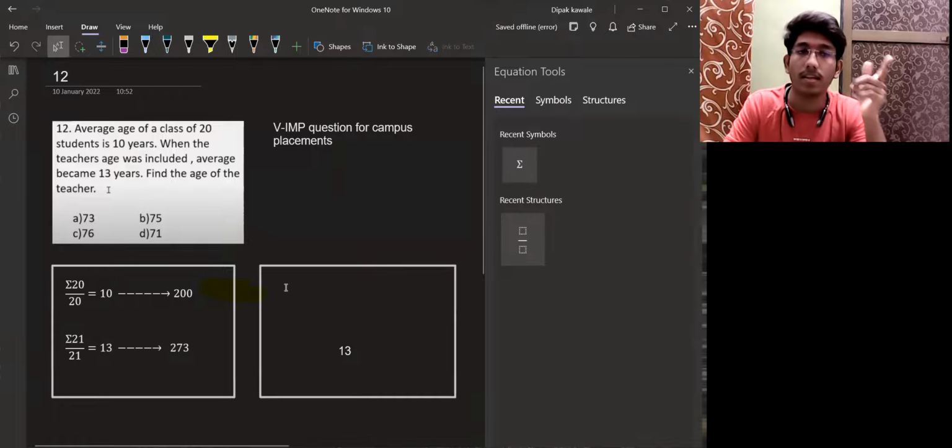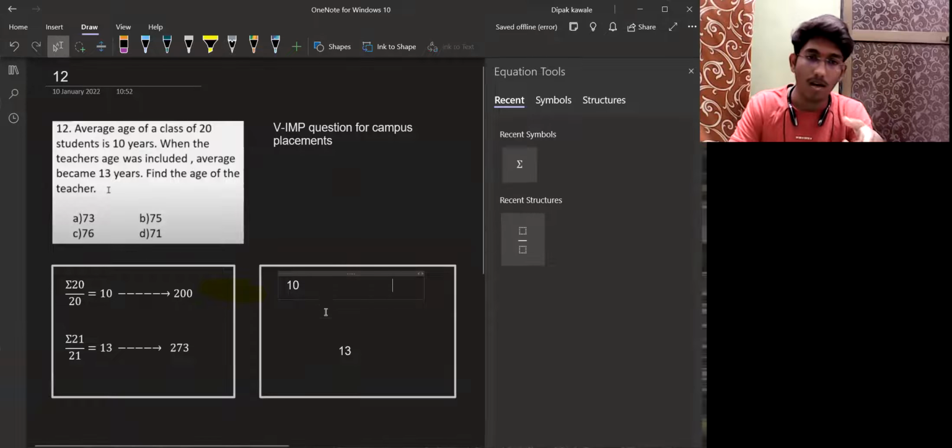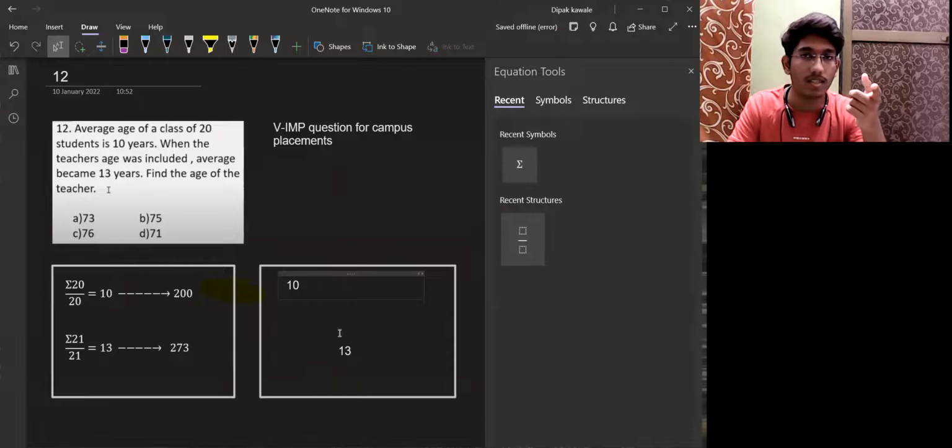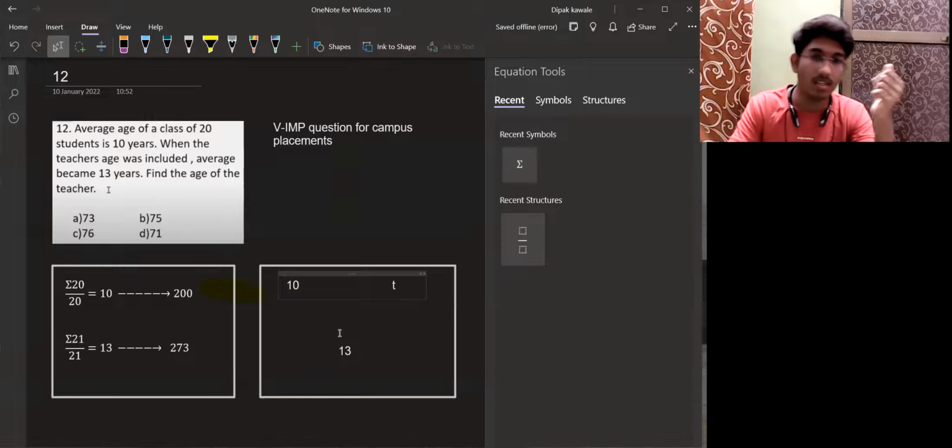Initial average was 10 years. How did this 10 years become a 30 years average? Because we have added the teacher's age, you know. So this is the teacher's age that we do not know.